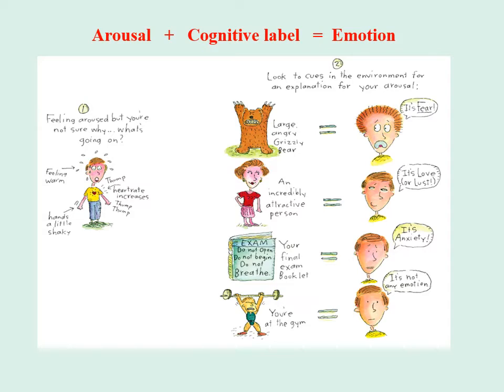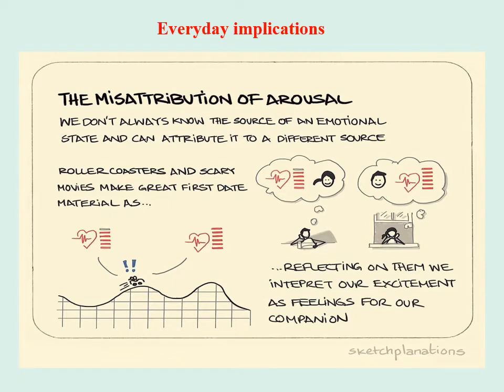If you find a scary bear, you call it fear. If you find an incredibly attractive person, you might call it romantic love. If you are at the exam, then you will interpret it as anxiety and so on. So the same arousal gets emotional meaning only after it is cognitively labeled and interpreted.